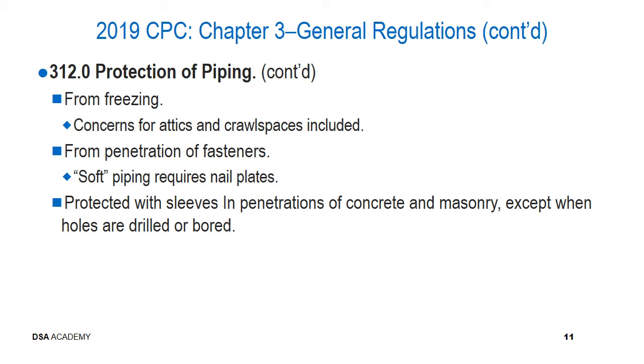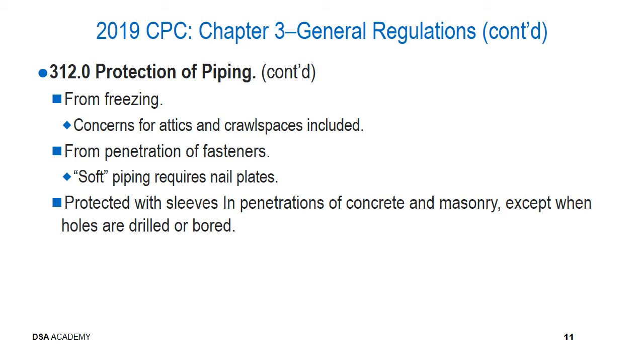Piping has also got to be protected from inadvertent penetration of fasteners. This will generally happen when piping is enclosed inside of framing members, either walls, floors, ceiling areas, attic spaces, etc. And soft piping, particularly copper, which is most commonly used, has got to be protected with nail plates under certain conditions.